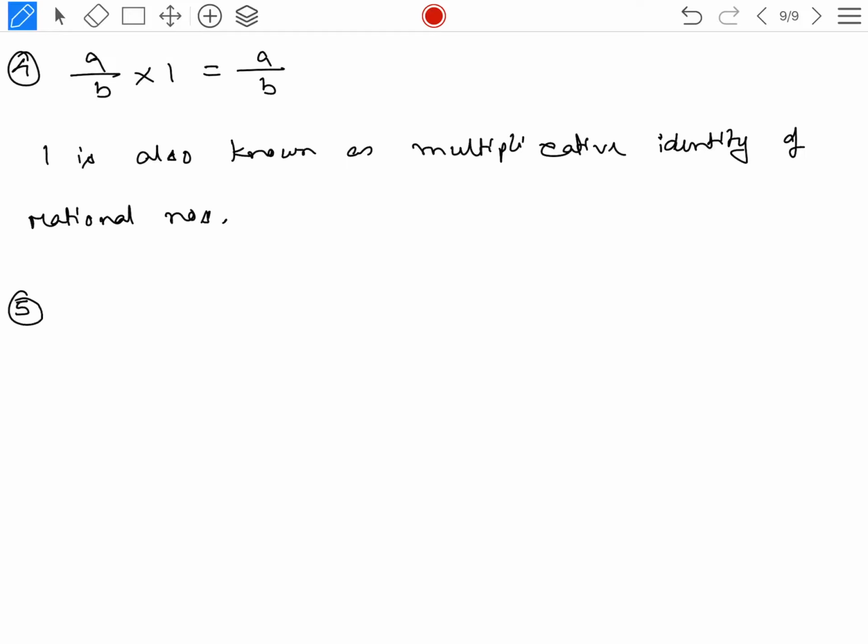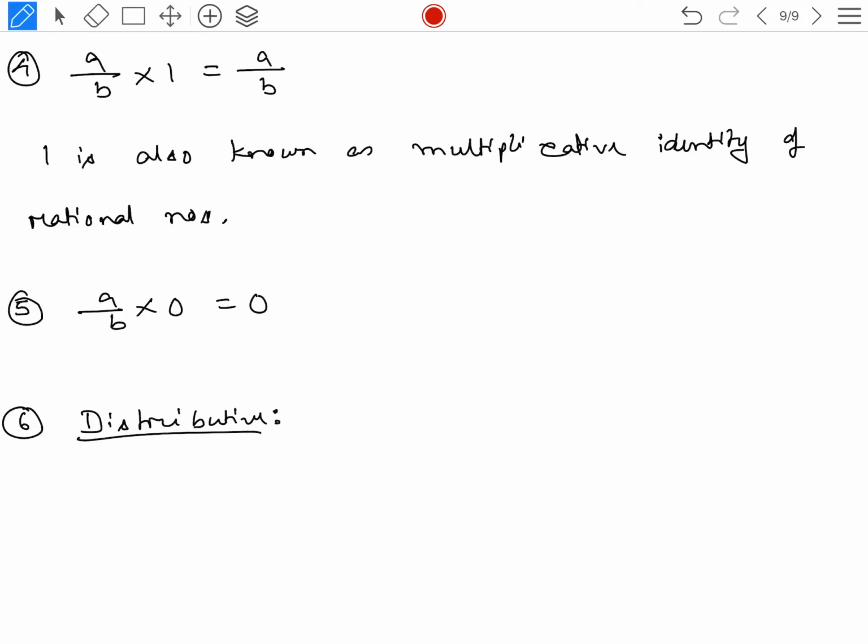Then the next property is property of 0. That means whenever we multiply any rational number by 0, the answer that we get is always 0. Then property 6 is distributive property. Distributive property may be on addition and also on subtraction, but consider only addition, because with subtraction it becomes negative, so negative is usually not considered.